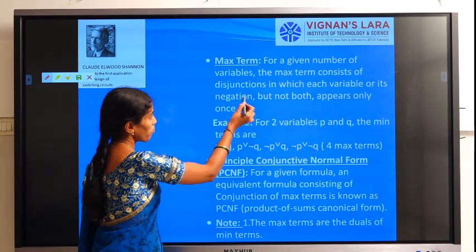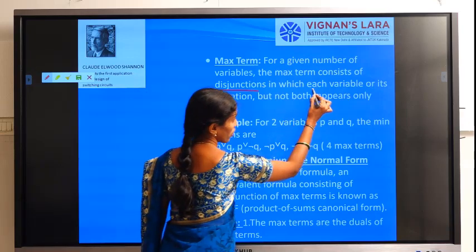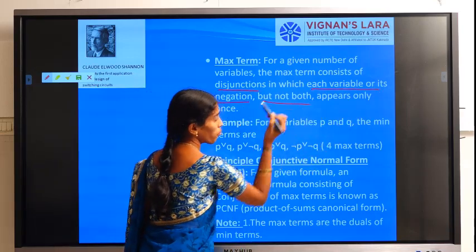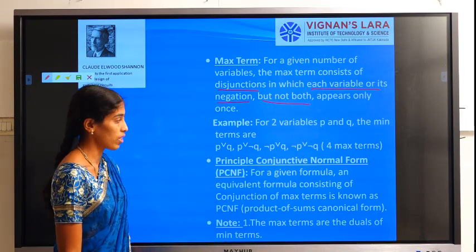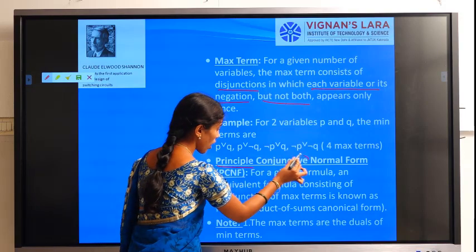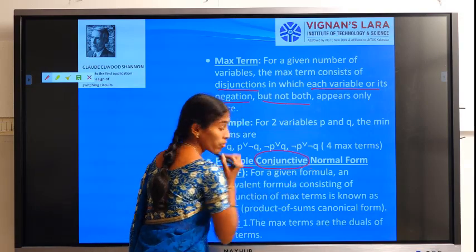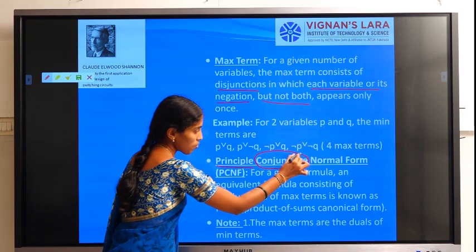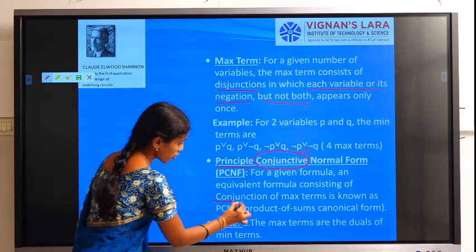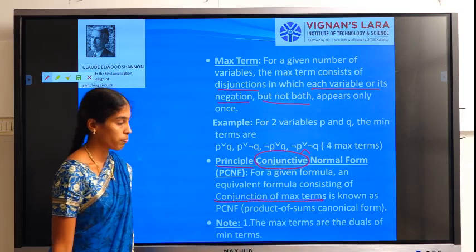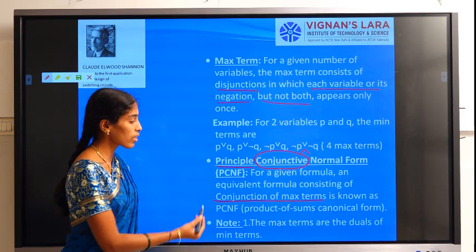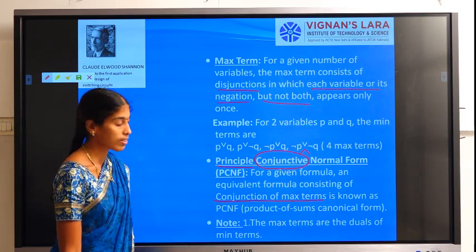So max term means disjunctions in which each variable or its negation, but not both, appears exactly once. Now coming to the next definition, principal conjunctive normal form. Conjunctive stands for the symbol AND. So the definition is conjunction of max terms: for a given formula, an equivalent formula consisting of conjunction of max terms.